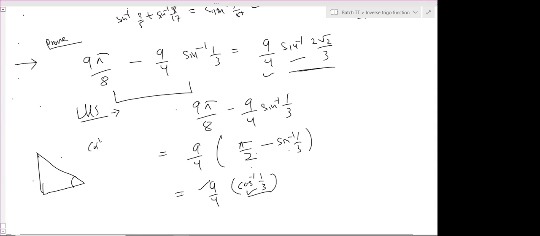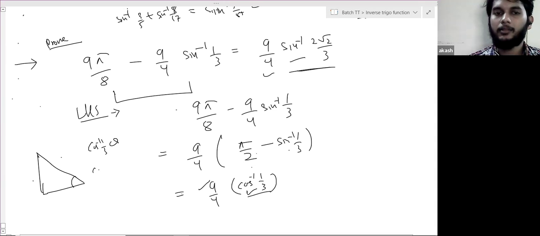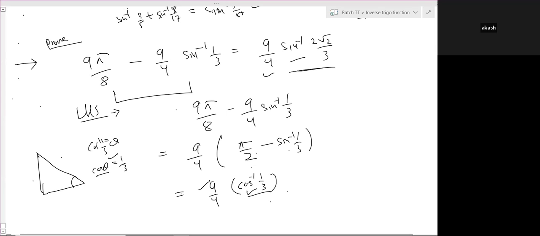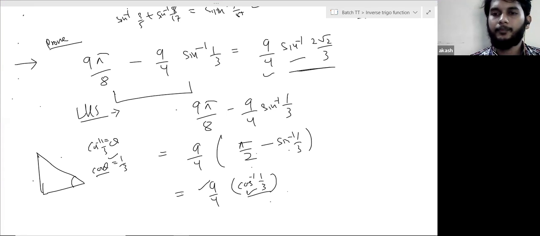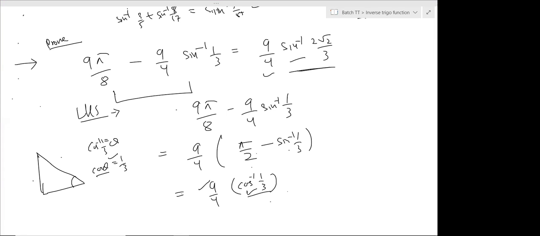If I take cos inverse 1 by 3 as theta, we can write cos theta is 1 by 3. So please try to find the value of sine theta, then theta will get the same value. All right, 2 more minutes. Solve this question. Aman, this is clear, right? Yes, sir, clear. All right, solve this.